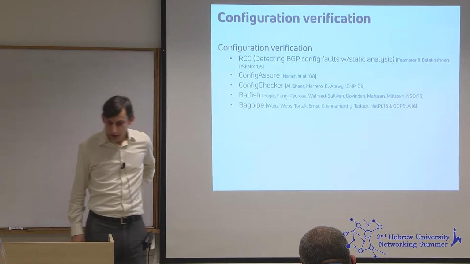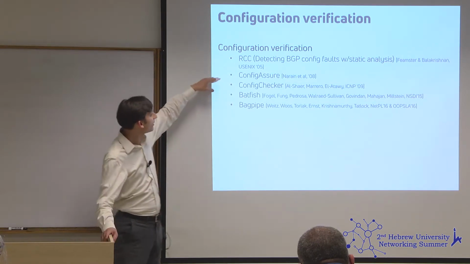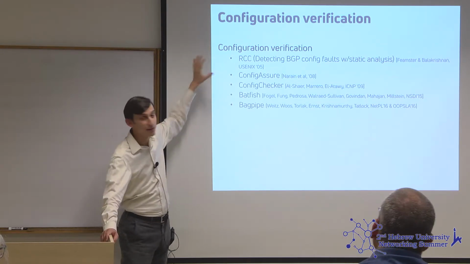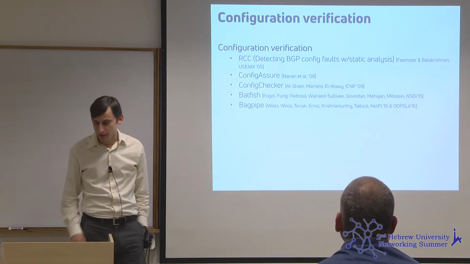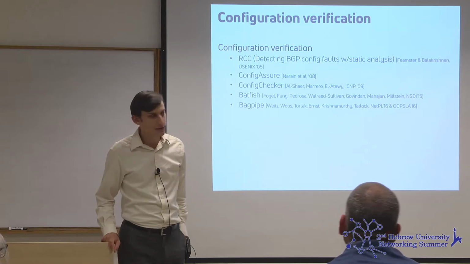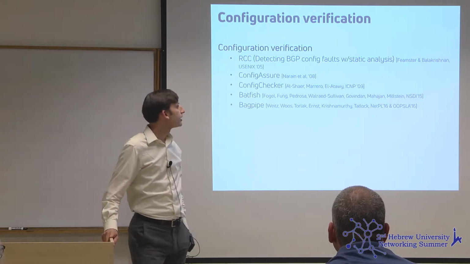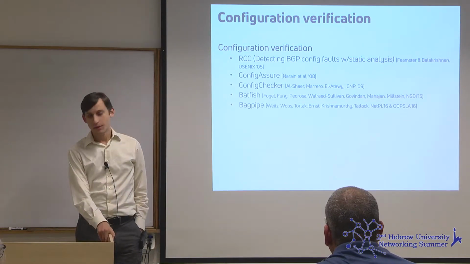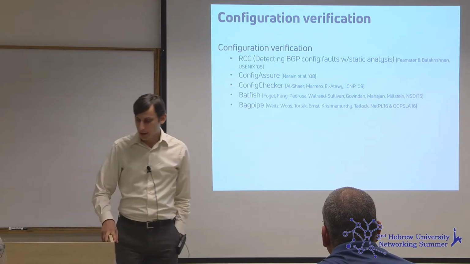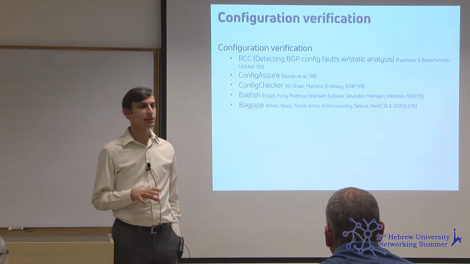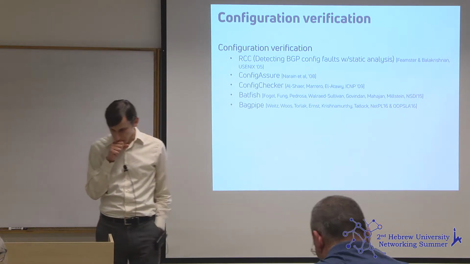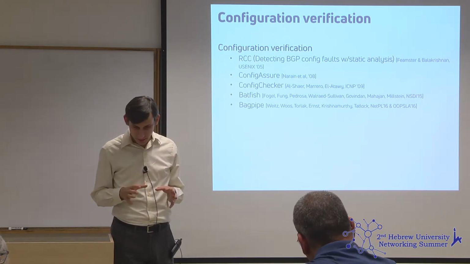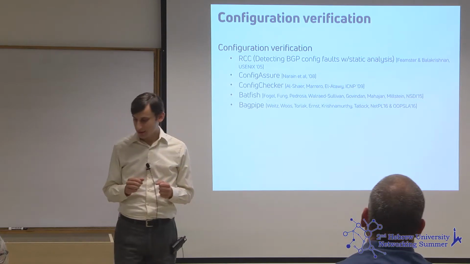Okay, configuration verification. Again, we started here, but there was work before that as well. And I'll just mention the earliest that I know of, which was Nick Feamster and Hari Balakrishnan's work on analyzing BGP. And this was configuration faults in BGP with static analysis. So very forward-looking paper, important paper.